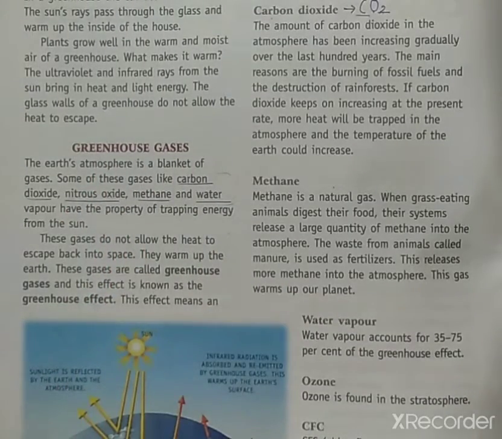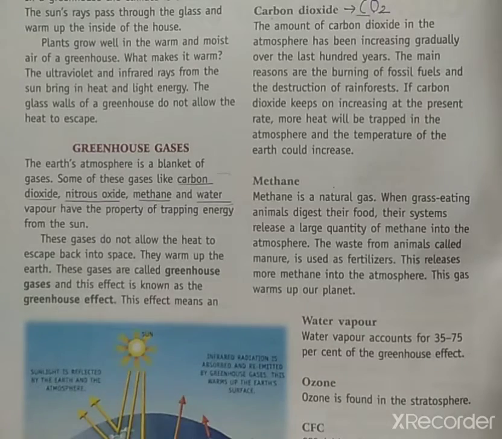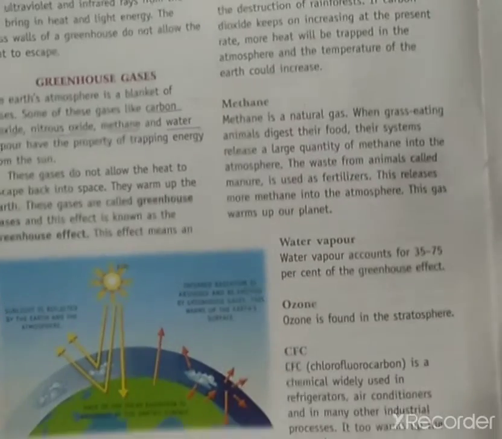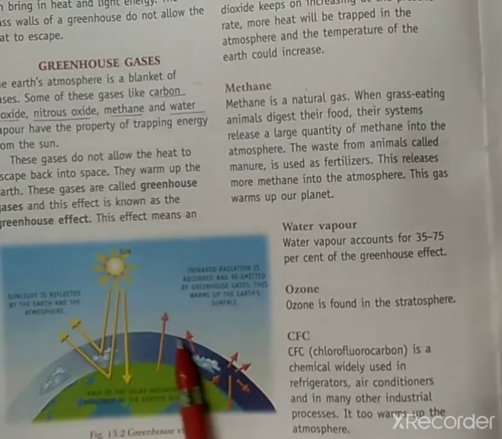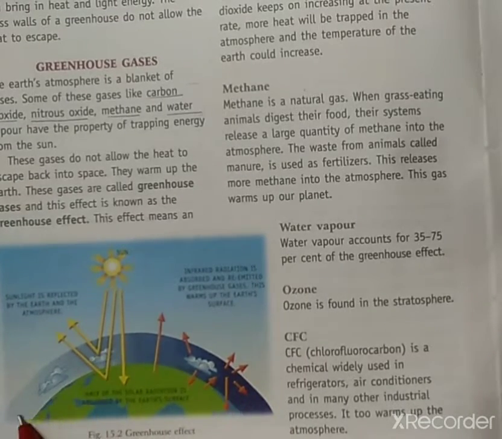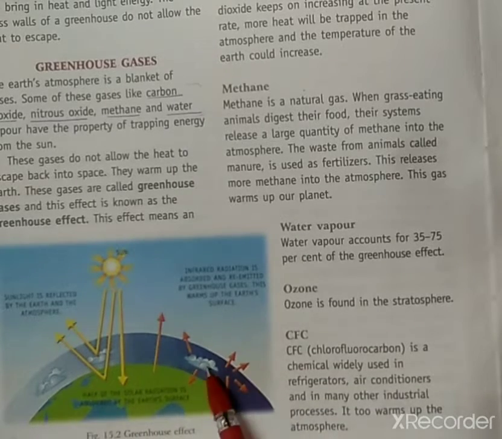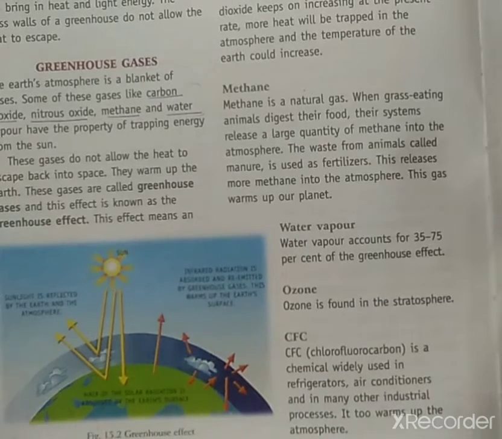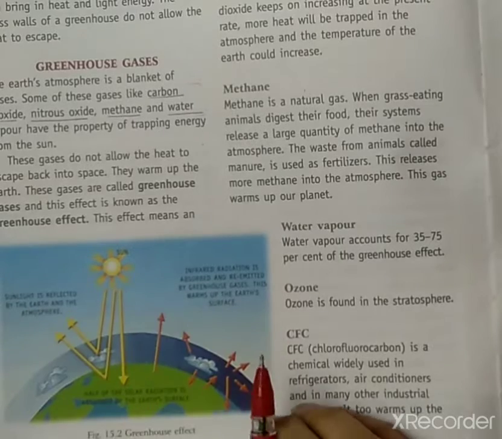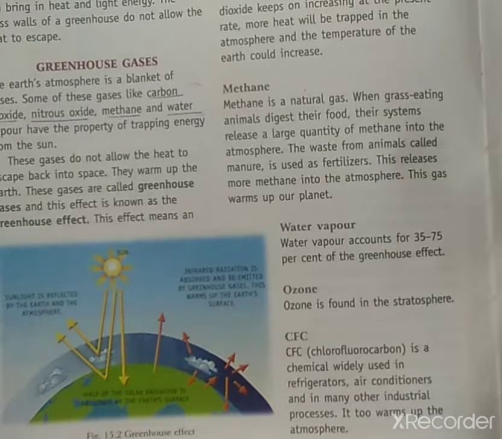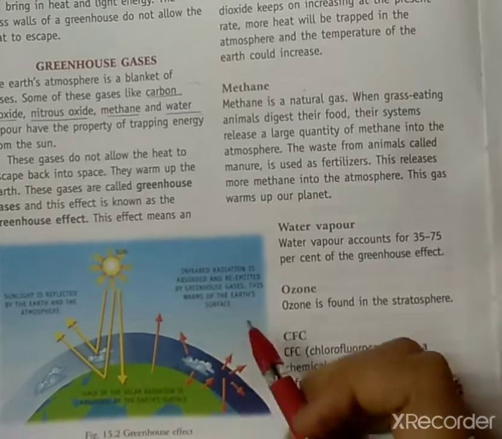As we know, the earth's surface is covered with a thick blanket of air. As you see here, this is the thick blanket, and this thick blanket of air is known as the atmosphere. This atmosphere is made up of many gases. Among these gases, certain gases have a property: they trap heat.